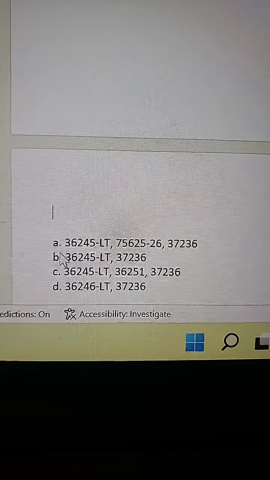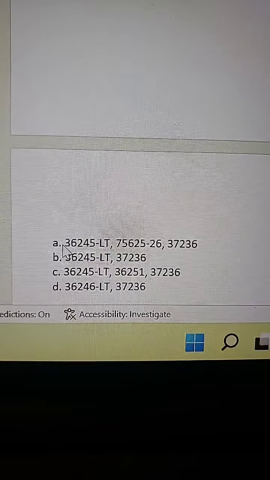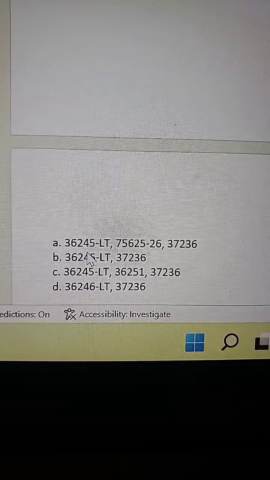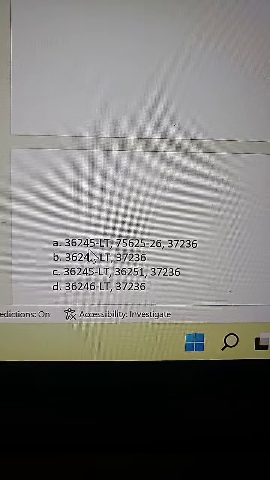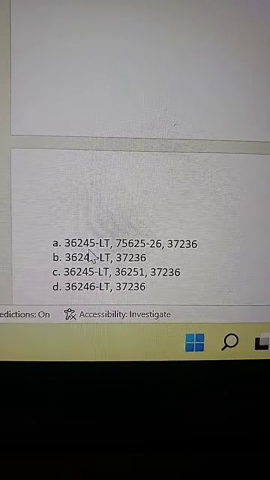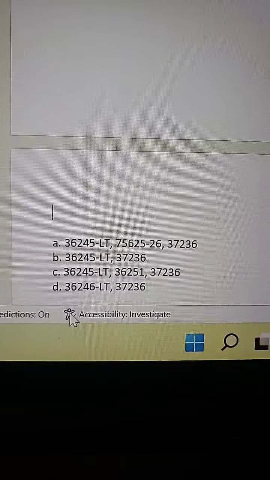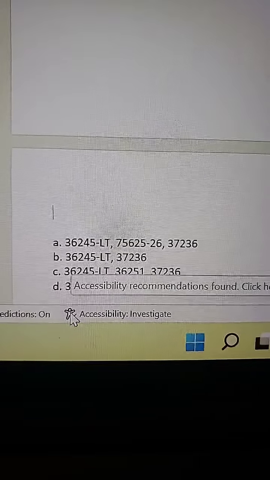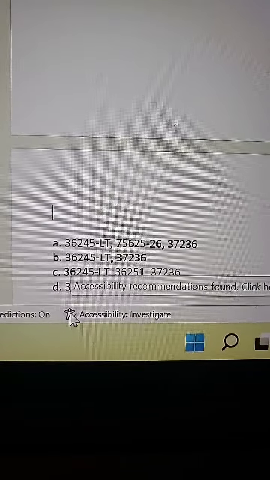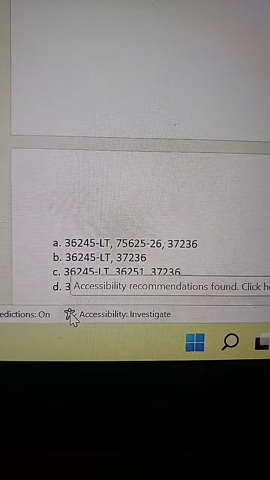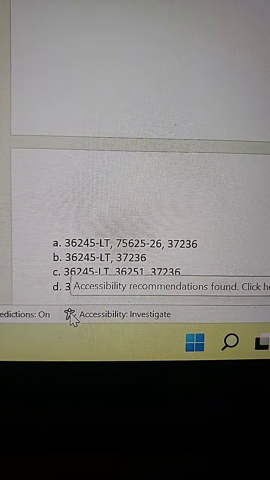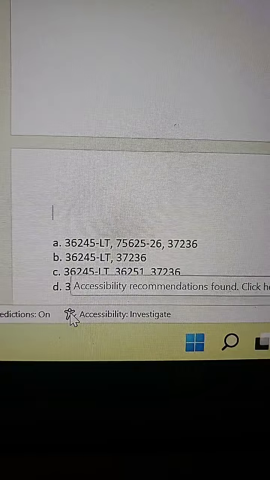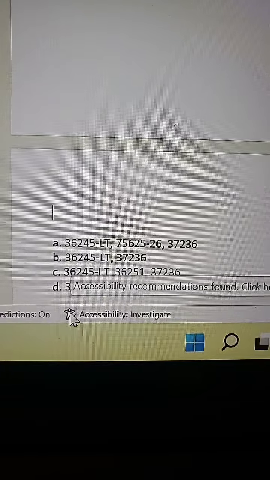36245, and our difference is between it and our secondary. We're both arteries, abdominal, pelvic, and lower.